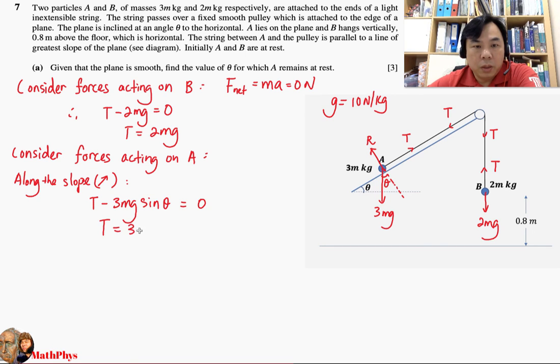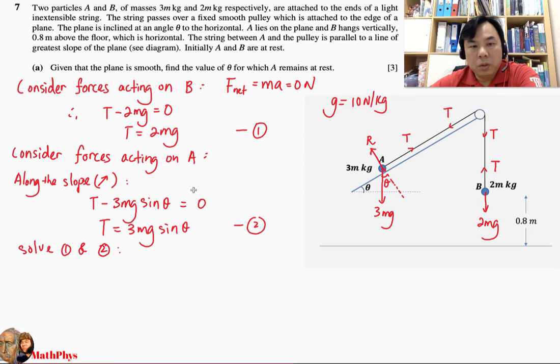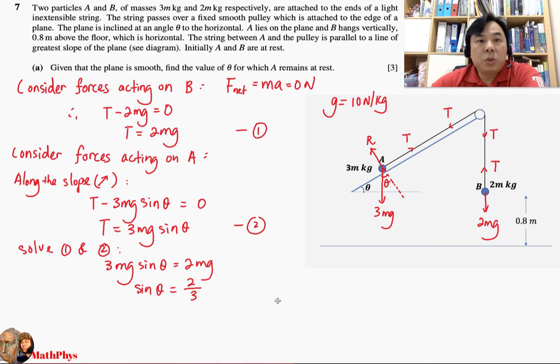Therefore, we know that tension is equal to this here. But we know that from number 1, tension is equal to 2mg. Therefore, we're going to solve 1 and 2. So solving 1 and 2, we will have sine theta is equal to 2 over 3.